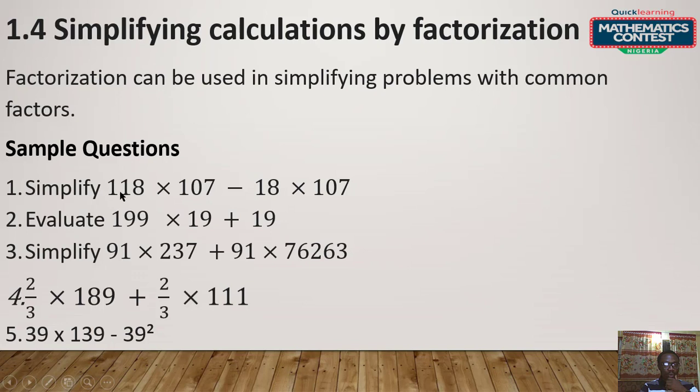Now let's see the first one. Here we'll have 118 multiplied by 107 minus 18 multiplied by 107. The common factor here is 107.